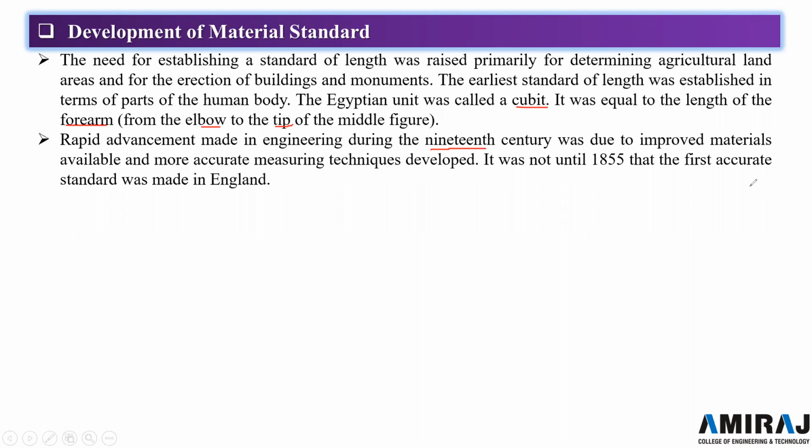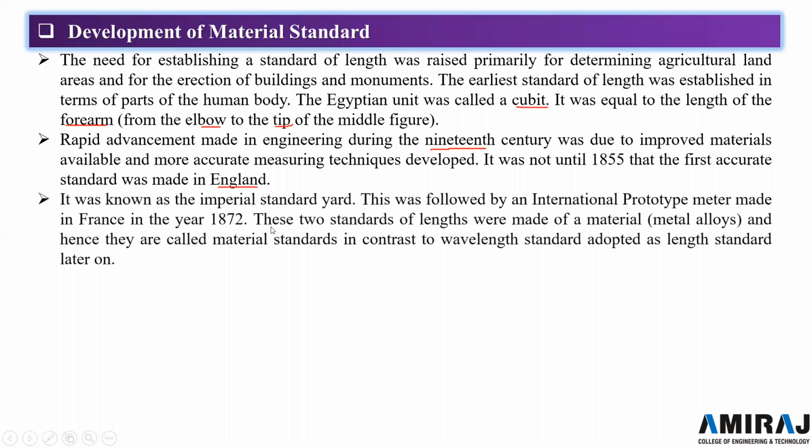It was not until 1855 that the first accurate standard was made in England, and it was known as the Imperial Standard Yard. This was followed by the International Prototype Meter in France in the year 1872.